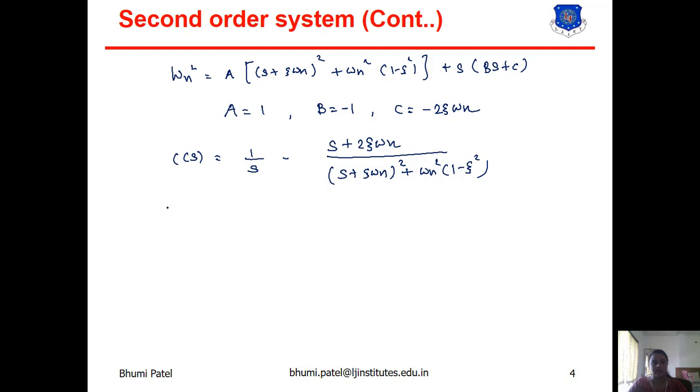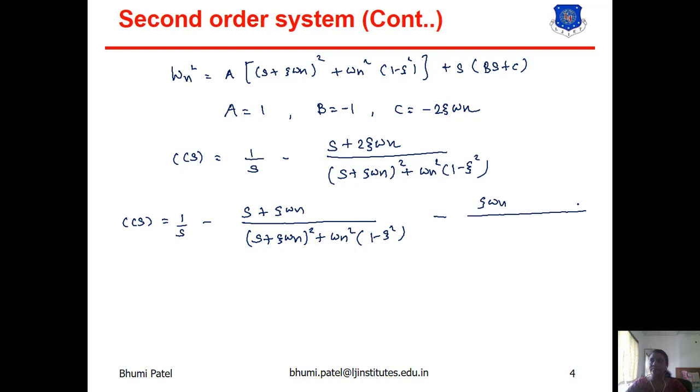Now this equation will be written like this: C of S is equal to 1 by S minus S plus zeta omega n upon S plus zeta omega n whole square plus omega n square 1 minus zeta square, minus zeta omega n upon S plus zeta omega n whole square plus omega n square 1 minus zeta square.